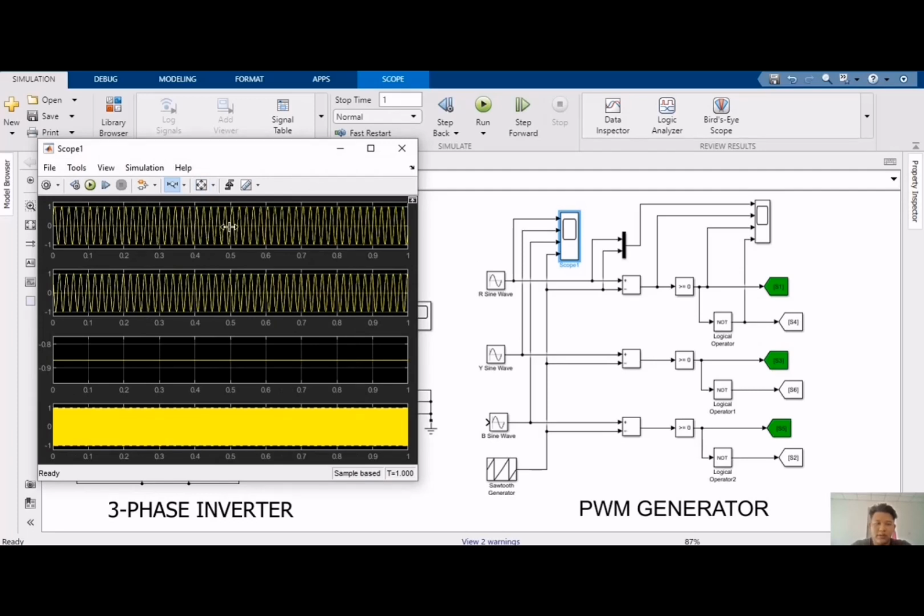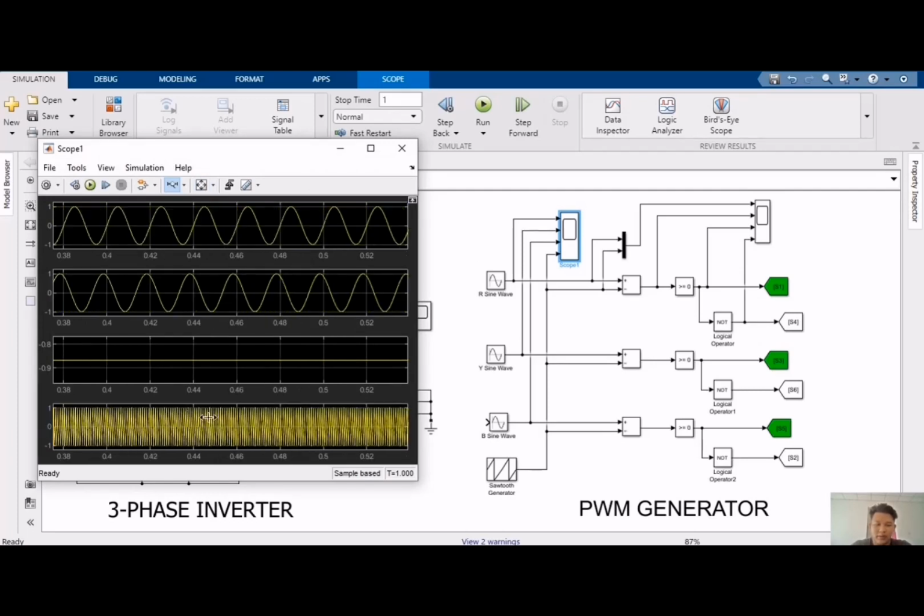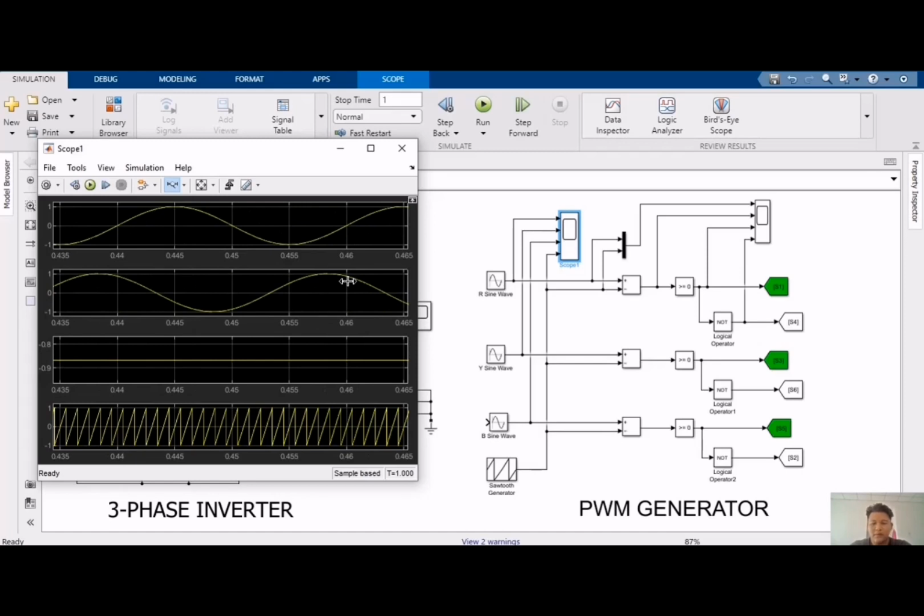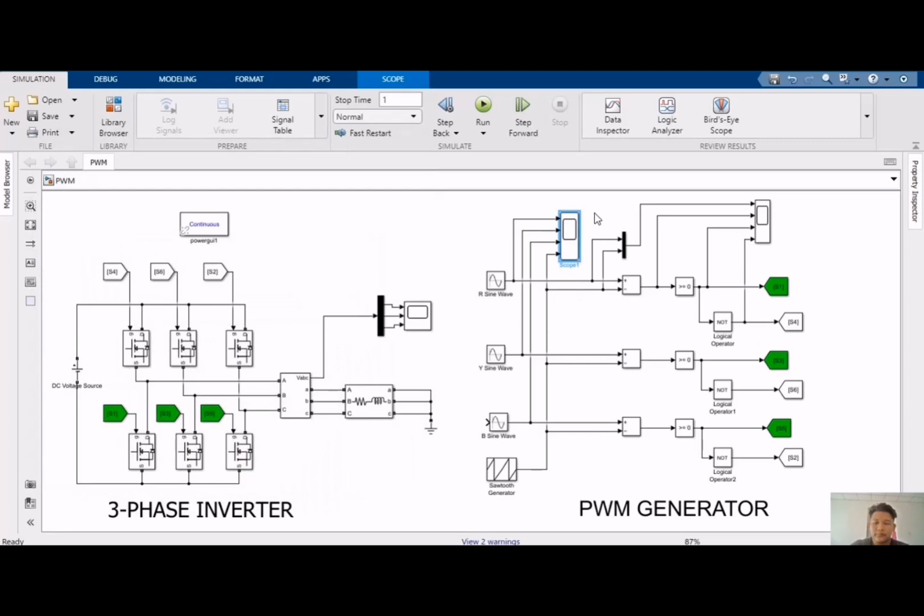As we can see here, this is the graph for the R sine wave, this is for the Y sine wave, and this is for the B sine wave. And this one is the sawtooth generator wave.